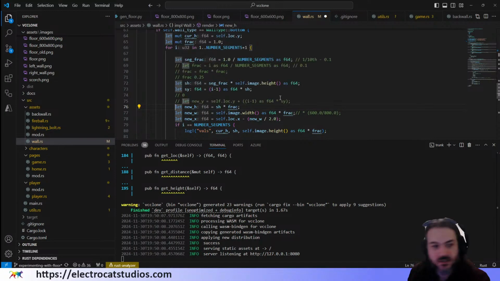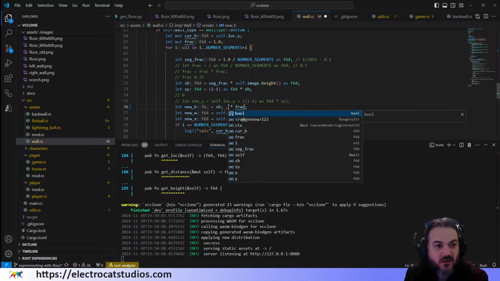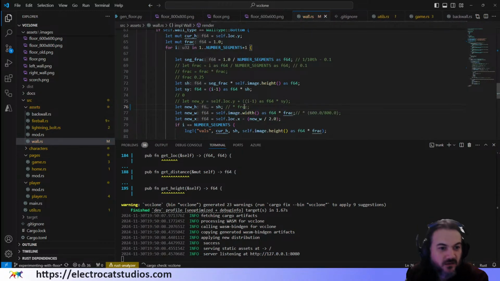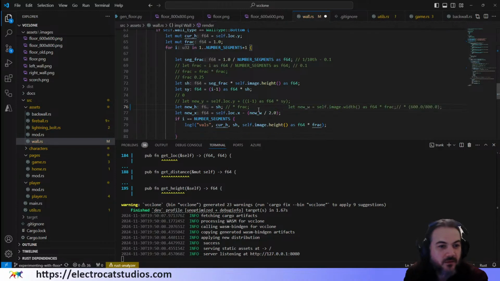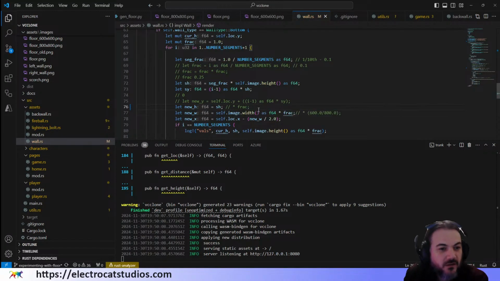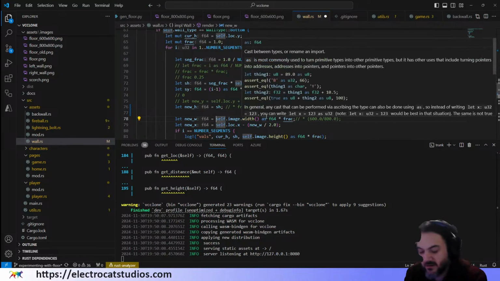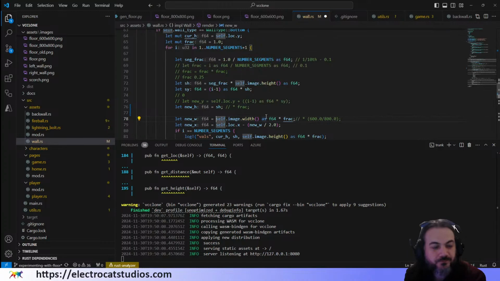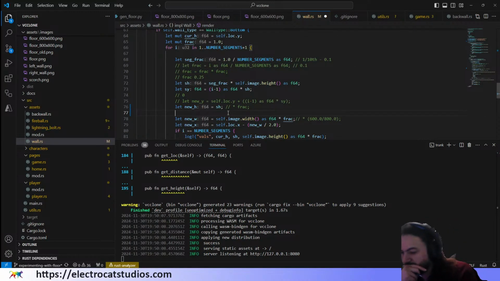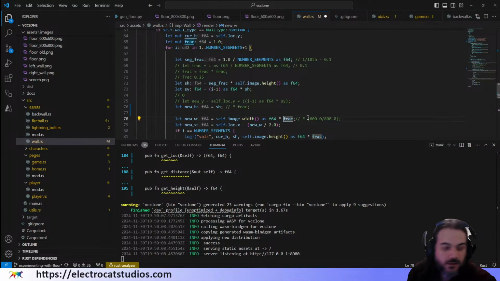So we're going to set the new height. I'm just going to set it to be the same as the start height. And then the new width is going to be, I think, 1 point.